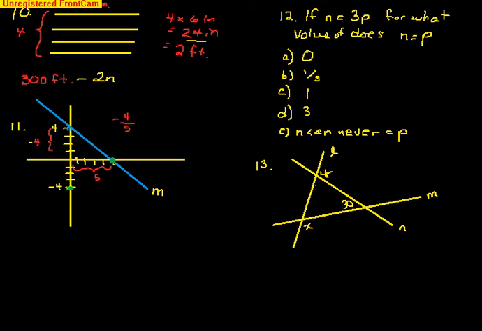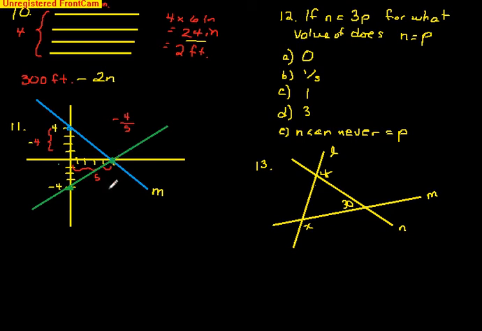So if I draw a line to connect it, that kind of connects it. We can find the slope of that line, which would just be the rise. So going from this point to this point, we would go up 4 and to the right 5.